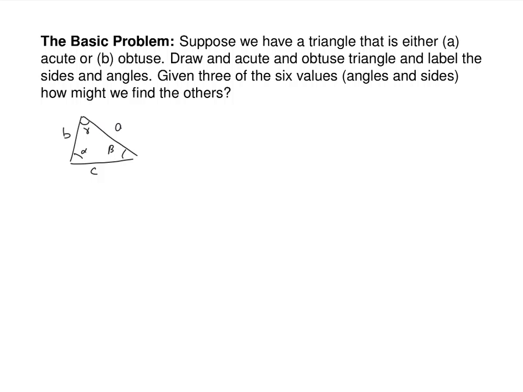You can also use capital letters for the sides and lowercase letters for the angles, or capitals for the angles. It doesn't matter, but this is the system your book uses. And if it's an obtuse triangle, that means you have one angle that's bigger than 90. They call this A, B, C, with the same naming system. This one's alpha, that one's beta, and this one is gamma.